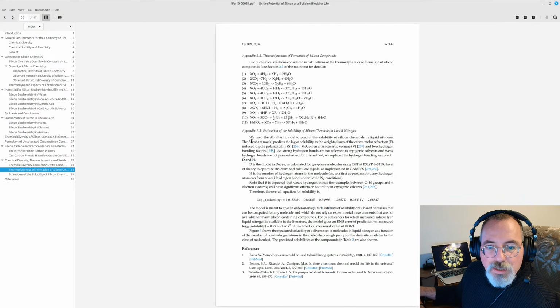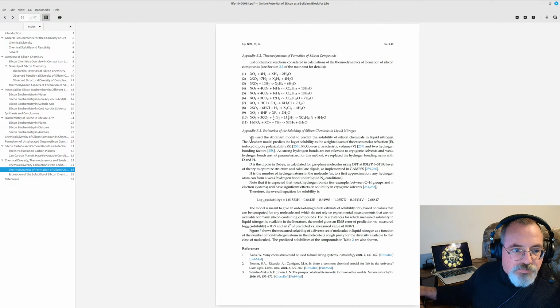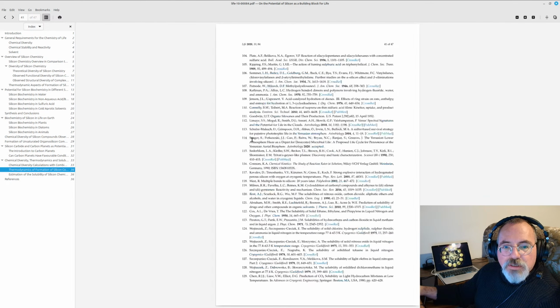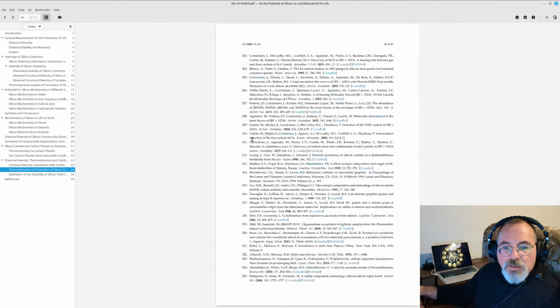All right, this is the last page I think I need to read. And I'm afraid this is going to end on a bit of a down note, because that's the end.